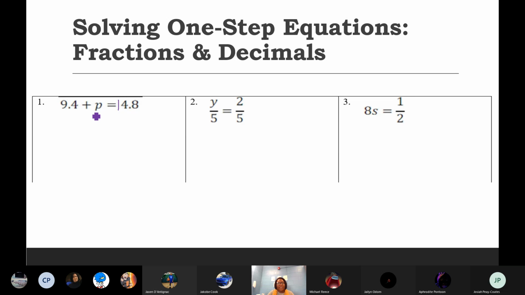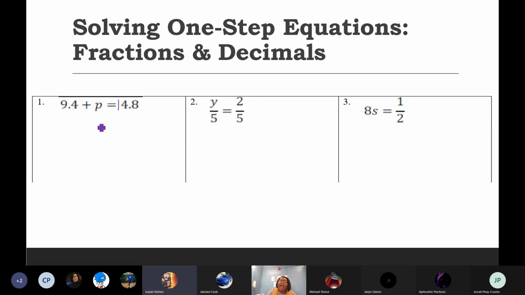Because then we'd have to mess with negative numbers, and I don't want us doing that yet.